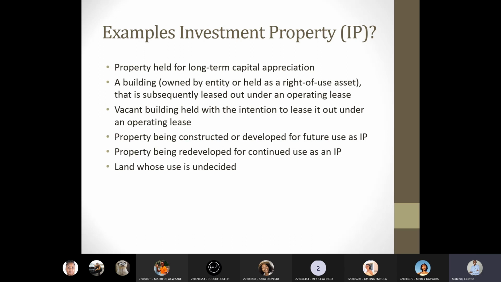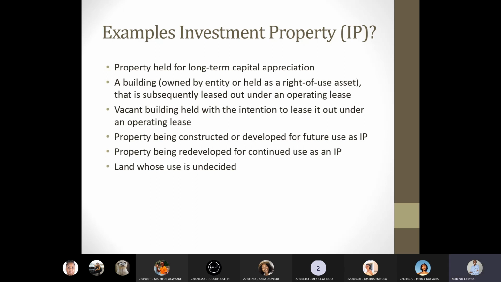All right. So you might have had property that was owner occupied. It was a house. You classified it under IAS 16, and then you change the use of the property. You redevelop it, and because you want to now rent it out and use it as investment property, then that property will be classified as investment property.